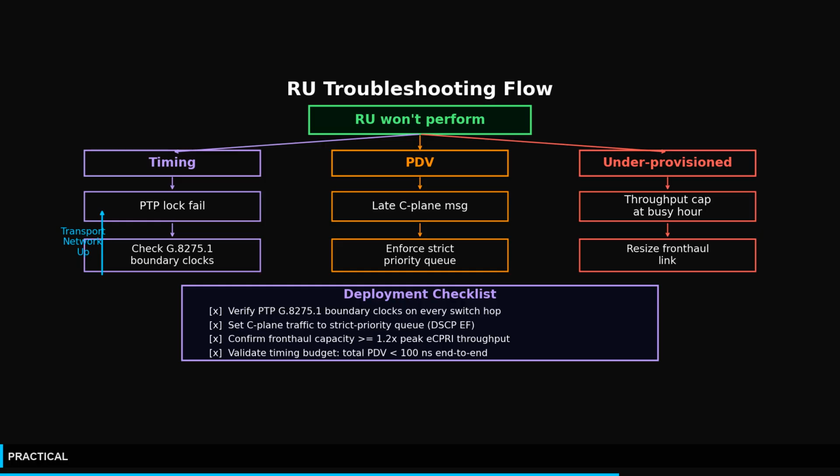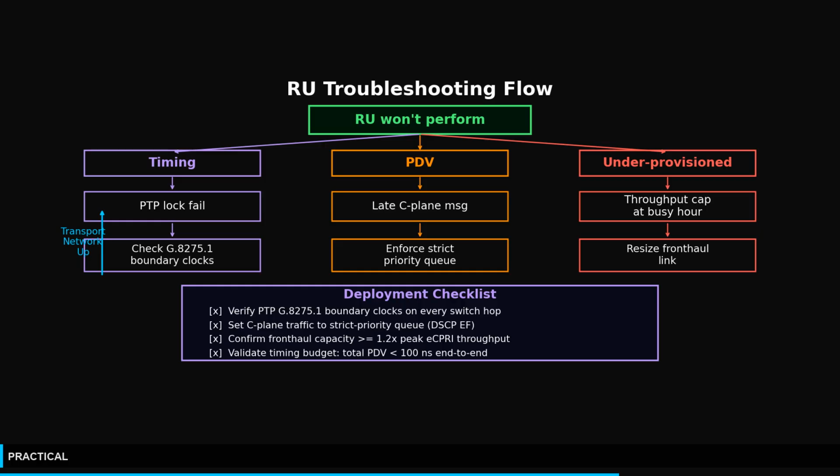C-plane and S-plane get the highest priority, always. Third, bandwidth under-provisioning. A link sized for average load works fine in lab testing and collapses at busy hour. You'll see throughput cap well below the air interface capability, and it'll look like a scheduler problem when it's actually fronthaul starvation.